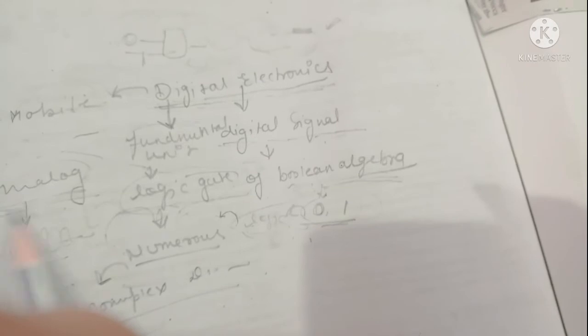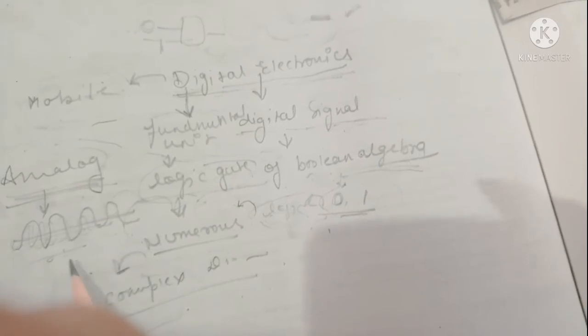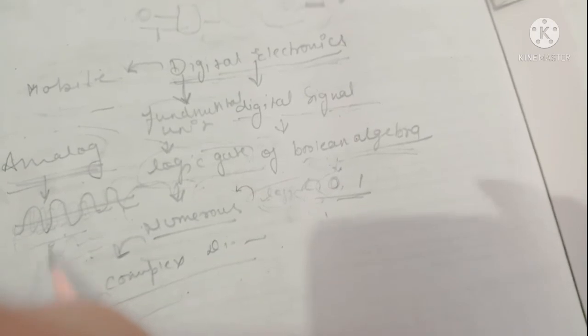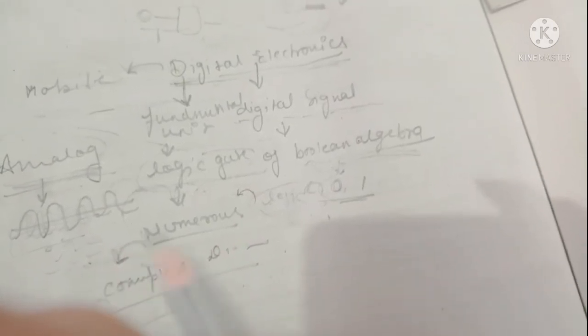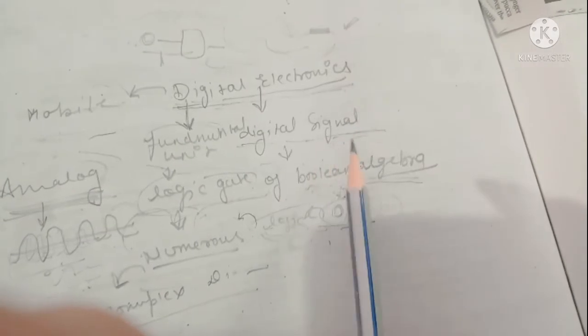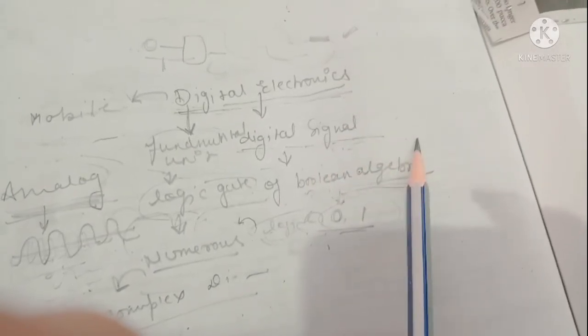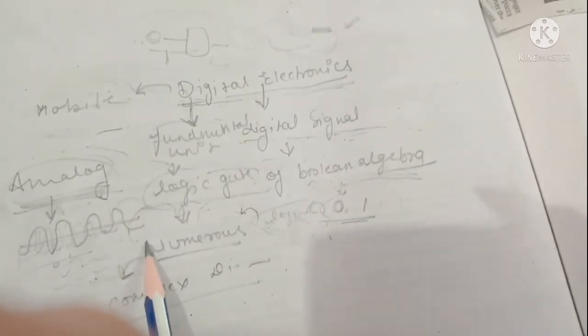But an analog signal is a continuous change of physical phenomena. If you have to measure the pulse and heart rate and other phenomena which change with time, you have to use an analog signal. So the digital signal is a set of discrete waveforms, whereas the analog signal is a continuous change in physical phenomena.